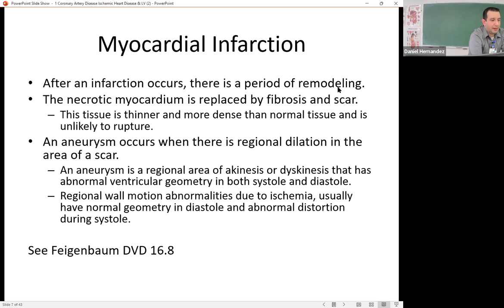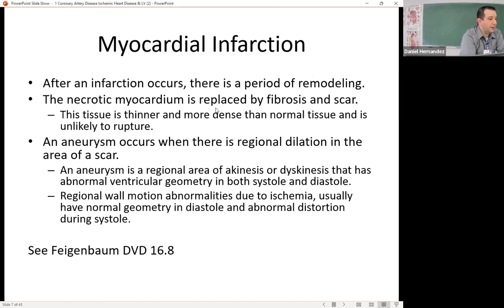We're going to see in a moment, I have a slide on how the heart remodels. So you get areas of dilatation and bulging in those infarcted areas. The heart's going to remodel itself to try and contract properly, to accommodate for those areas that are infarcted and to get that blood out of the heart.